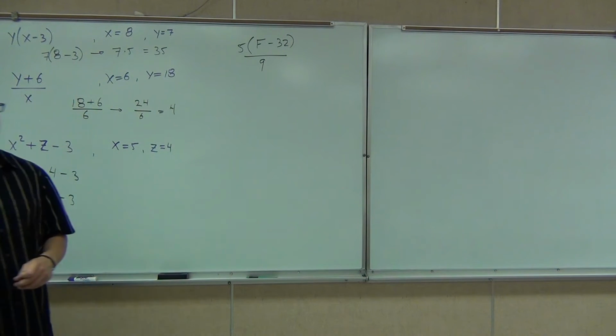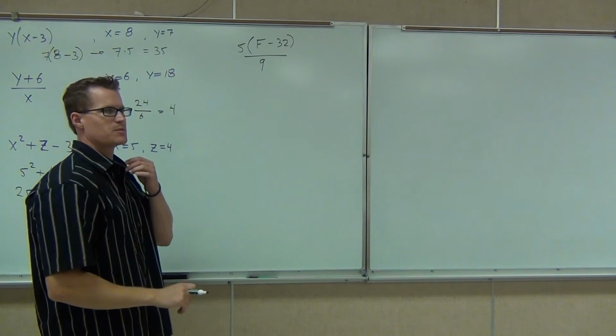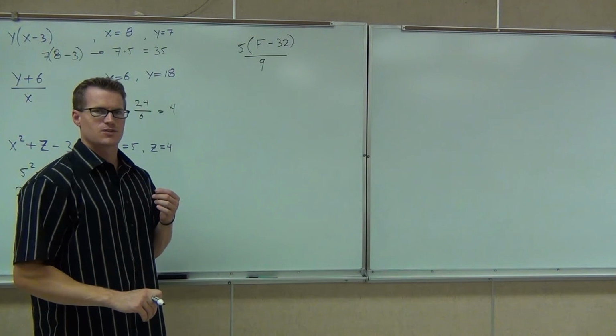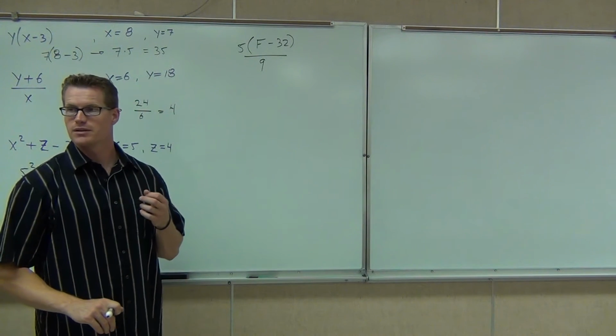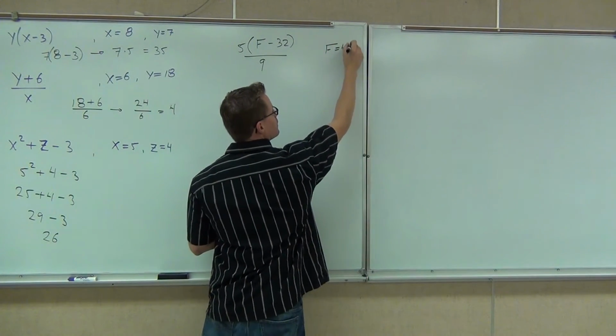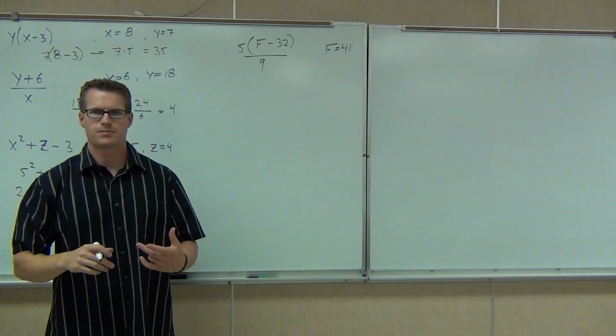So let's be optimistic and say it's going to cool down here someday. Let's say it's going to get to 41 degrees outside Fahrenheit. We want to figure out how much 41 degrees Fahrenheit is going to be in Celsius.